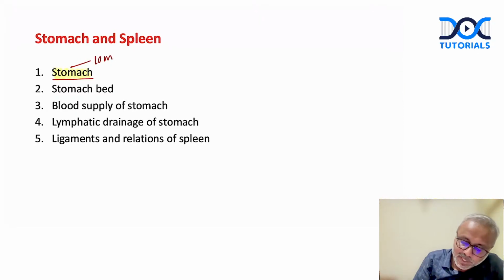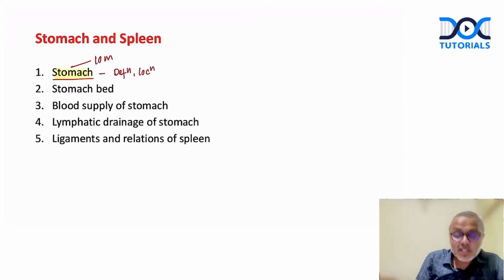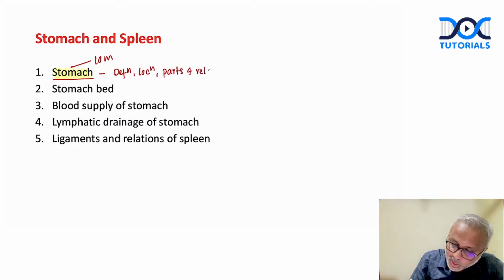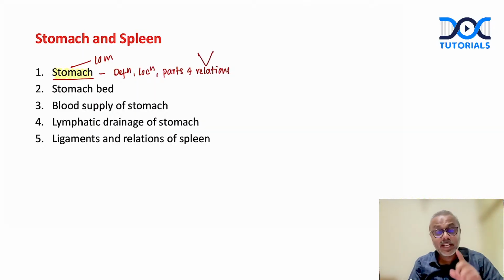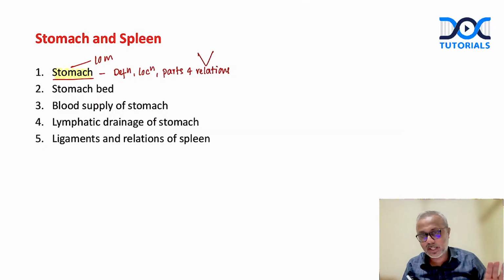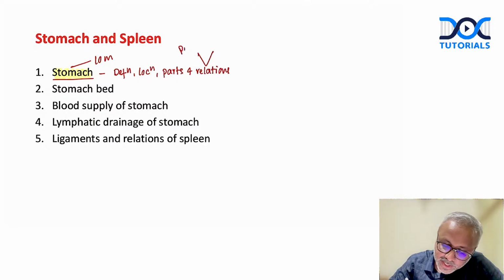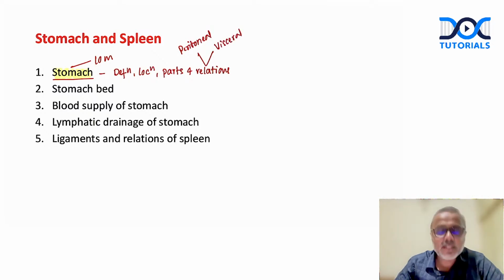If it is not given, again, define what it is, mention where it is located, then talk about the parts, right? And when you talk about the parts, talk about the relations. And when we talk about relations of any abdominal organ, remember, we need to discuss under the headings of the peritoneal relations and the visceral relations, right?